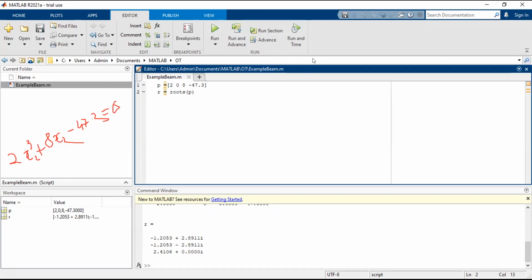Any doubt, Prunal, up to this point? How have we found the root? Are you getting an error? Have you solved that?